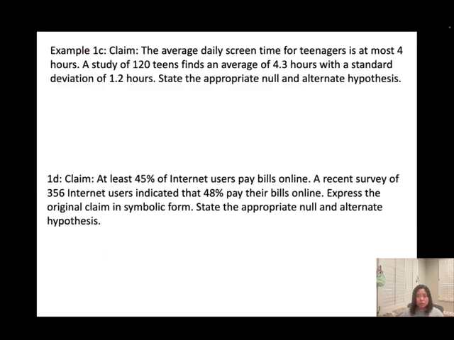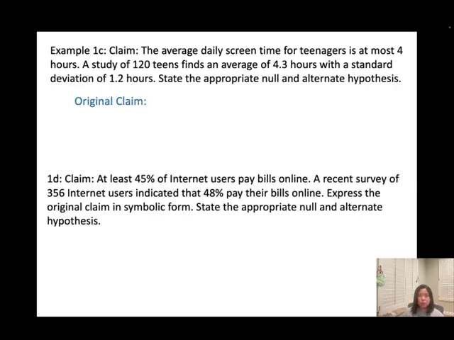Okay, C. The average daily screen time for teenagers is at most 4 hours. A study of 120 teens finds an average of 4.3 hours with a standard deviation of 1.2 hours. State the appropriate null and alternate hypothesis. So I want you guys to try.